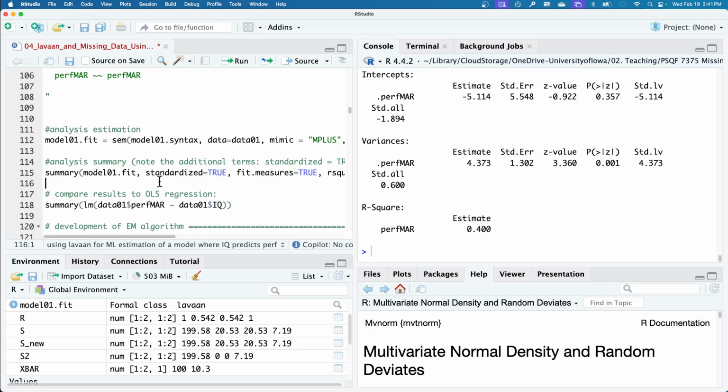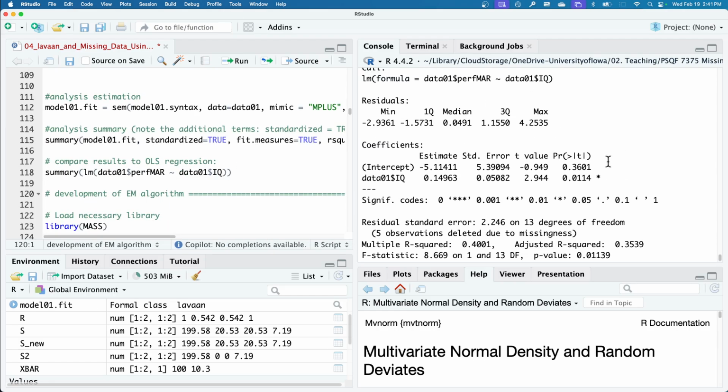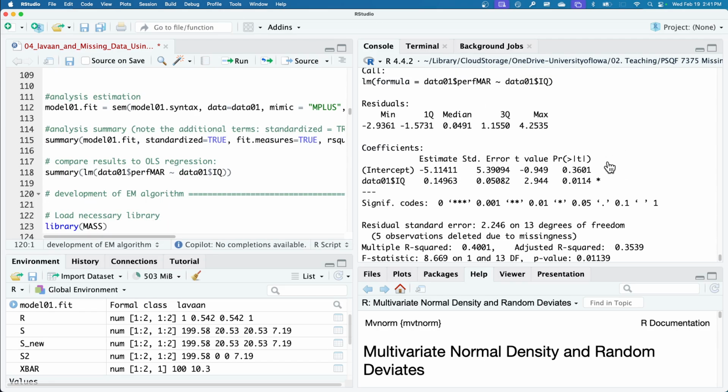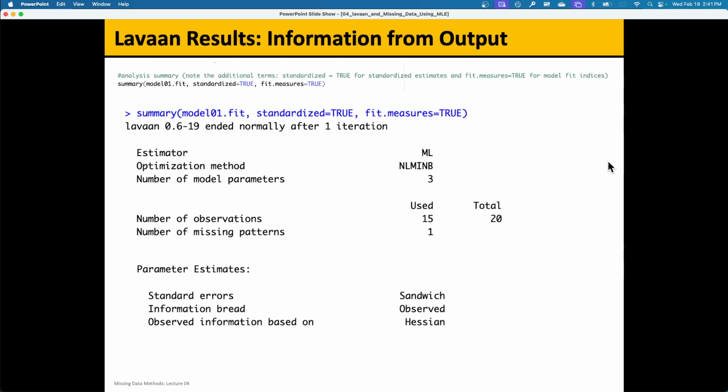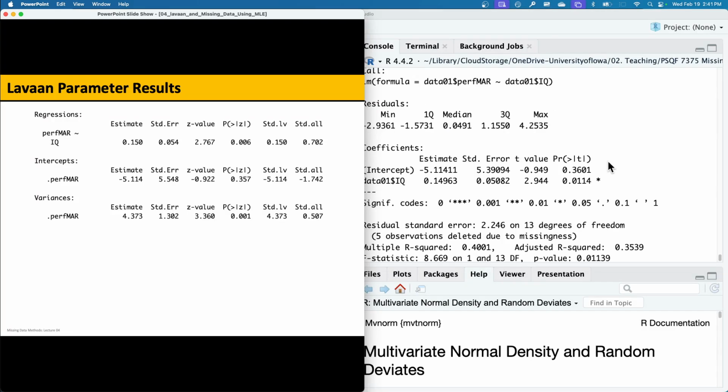I was going to start by comparing these results to OLS regression real quick. And here, let's see if I can compare and contrast side by side. So now, take a look at our values.